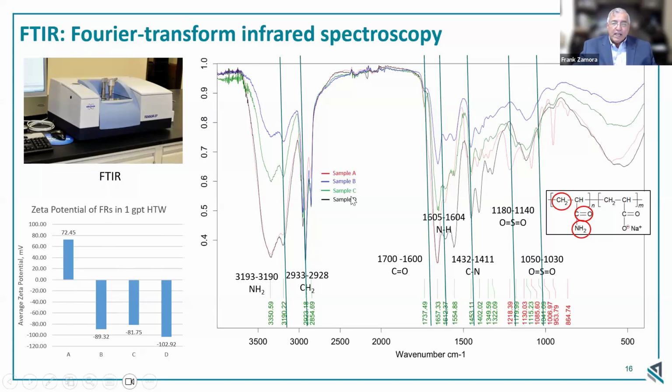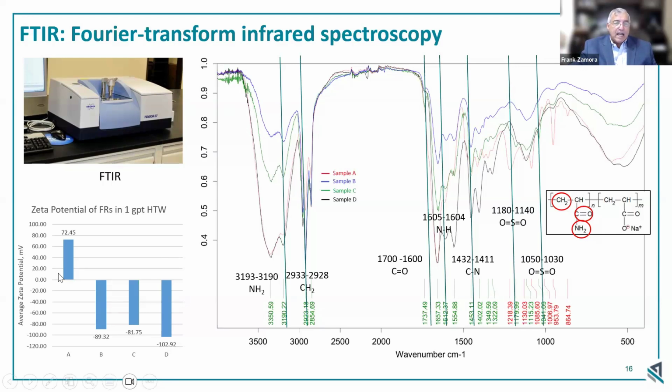These are the 4 initial FRs that we actually looked at. We looked at the cationic, the copolymer, the terpolymer, and then the copolymer in sample D.